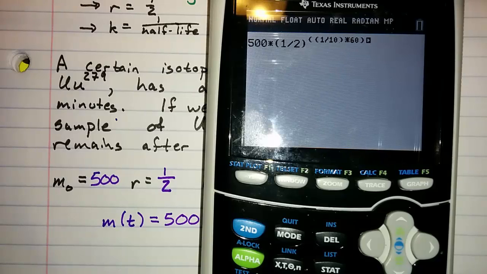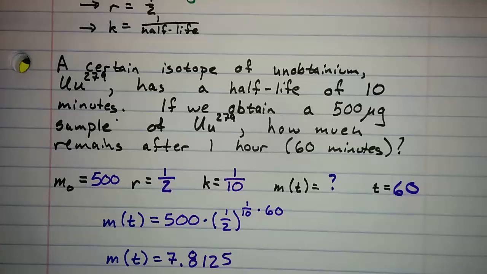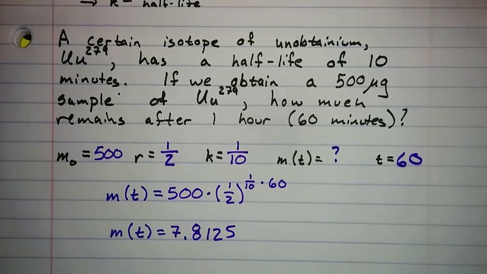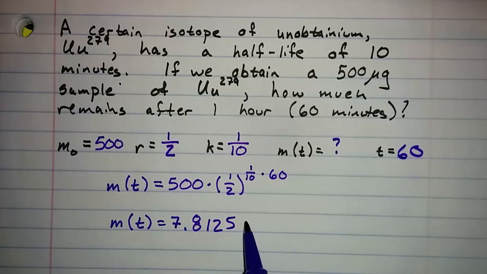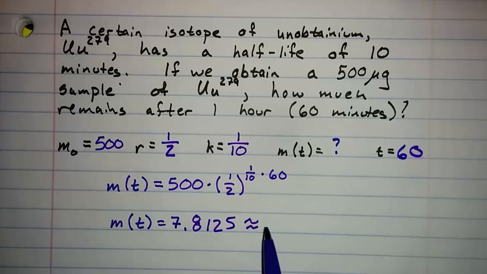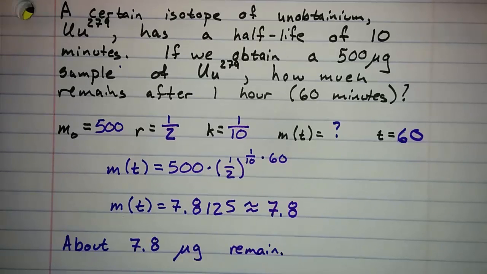And we could work out these intermediate calculations if we wanted to. That doesn't matter. And we get m of t is 7.8125. Now that's exact. This is a nice fraction. But given what we're doing, we probably want to round. So about 7.8 micrograms remain.